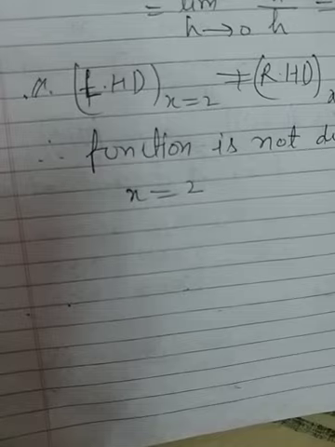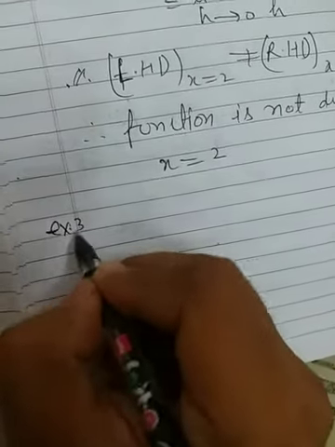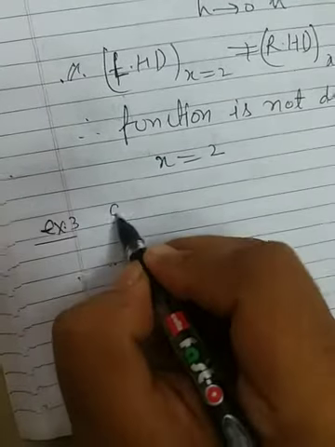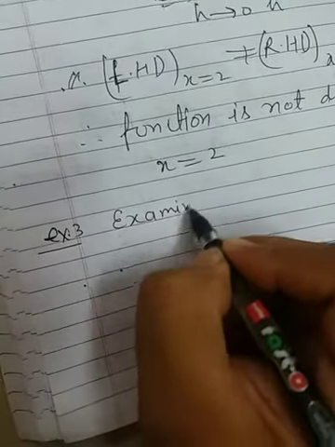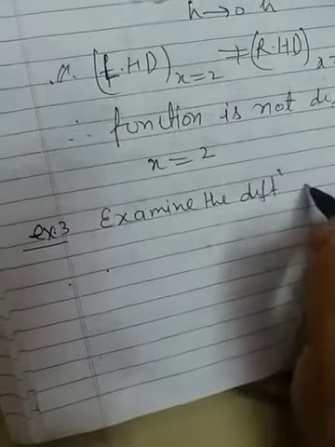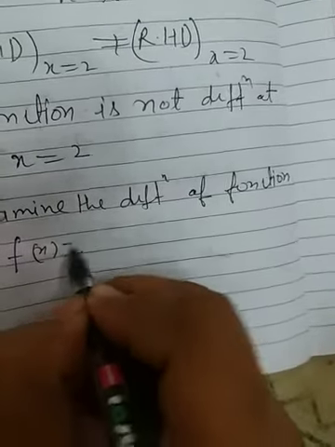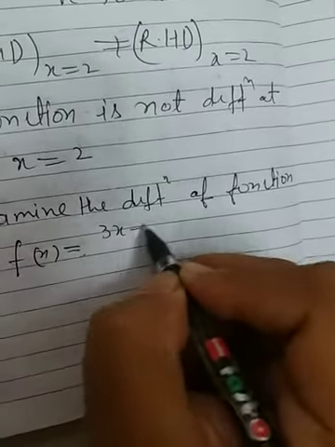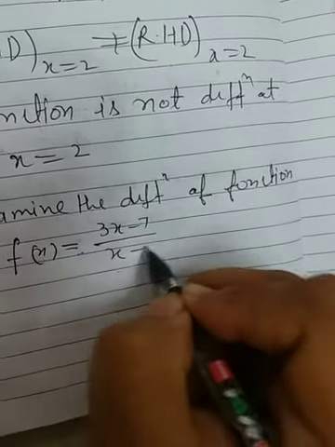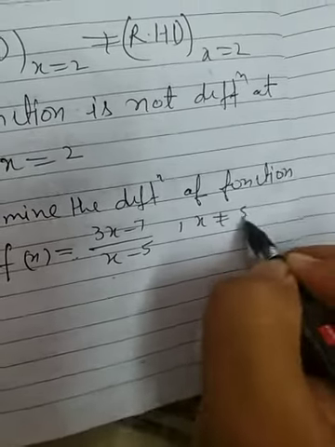Let us have some example where the function is differentiable. So example number 3, we can write: examine the differentiability of the function f(x) equals 3x minus 7 upon x minus 5, x is not equal to 5.